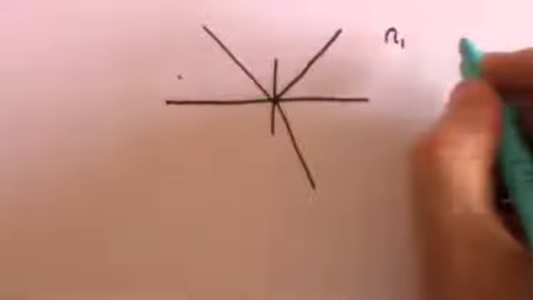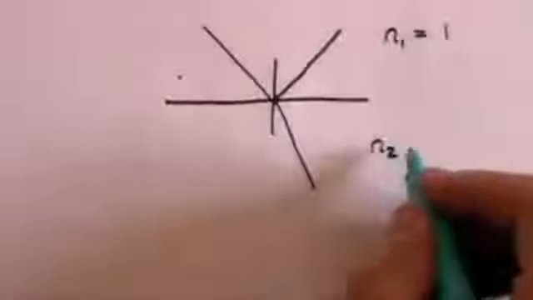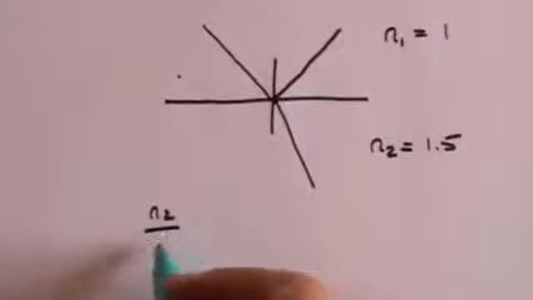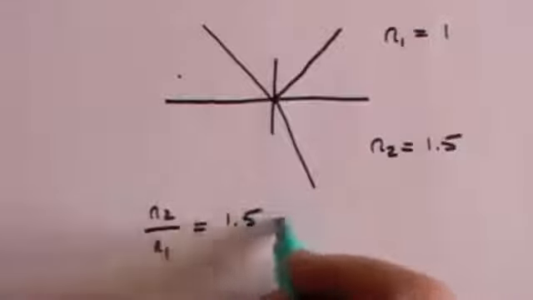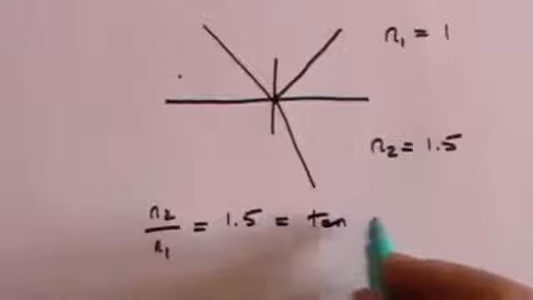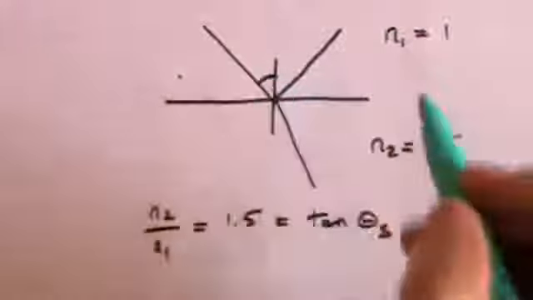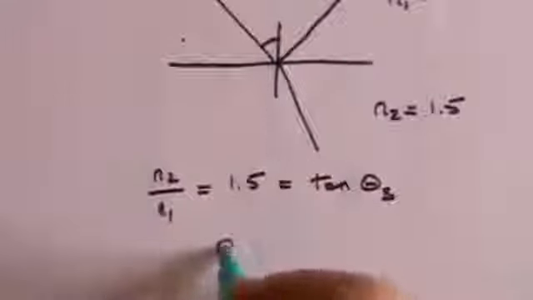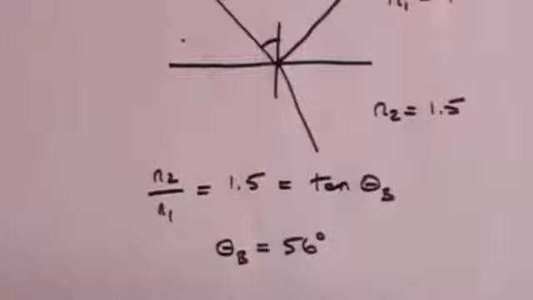The refractive index for air will be 1, and the refractive index for glass is 1.5. Consequently, n2 over n1 is going to be obviously 1.5, and that is going to be the tangent of the Brewster angle, which is the incident angle here. And that gives you that the Brewster angle is 56 degrees.